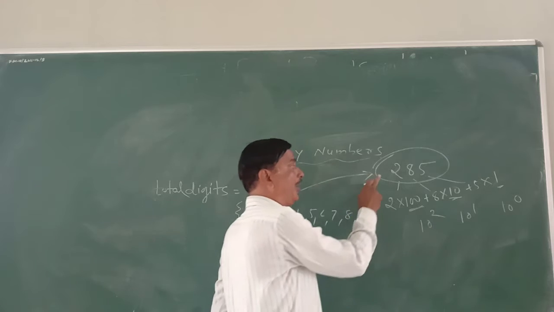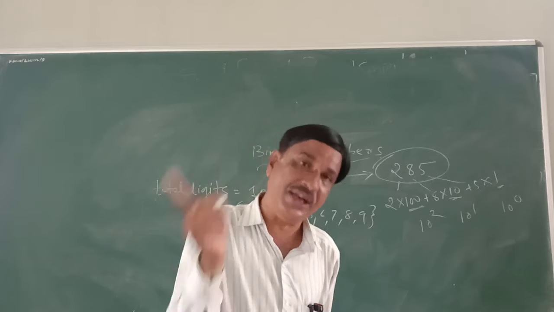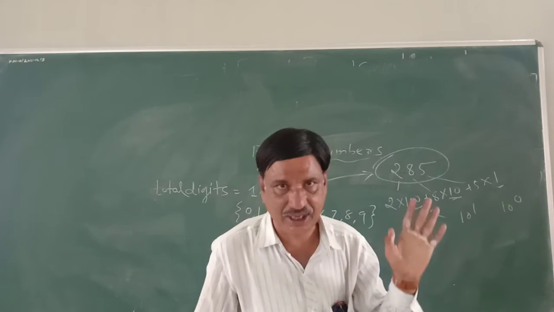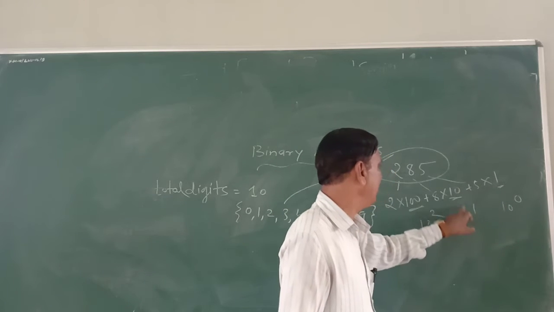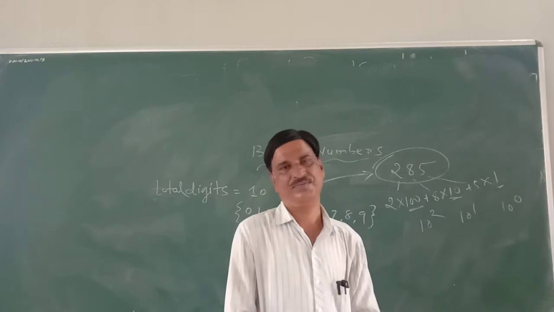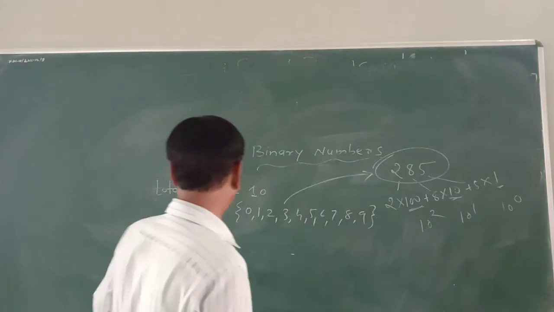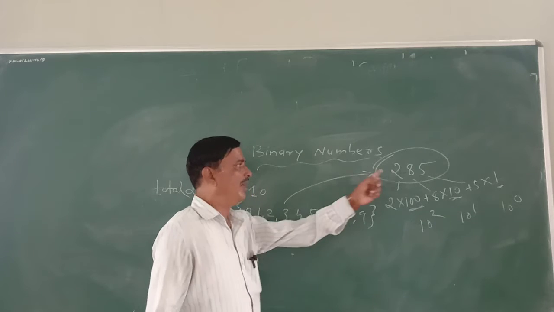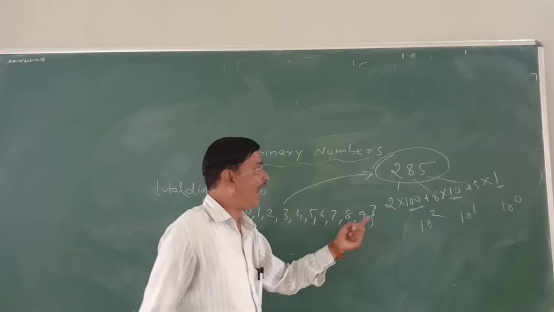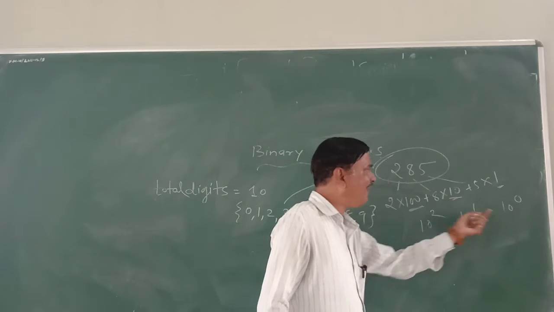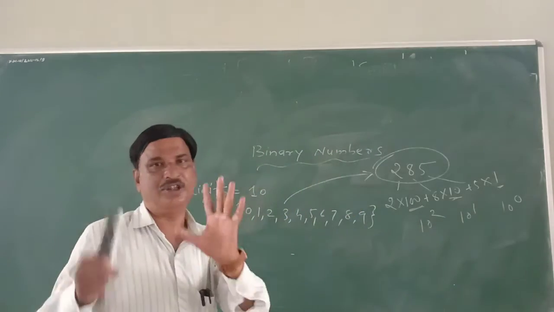Every digit in a 3-digit decimal number has a power of ten. Hence, a decimal number is a number made up of decimal digits, and every digit in it has a power of ten increasing from right to left. So this was the decimal number system.